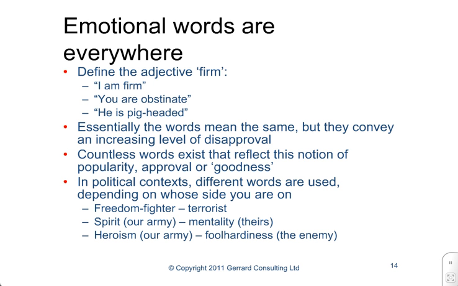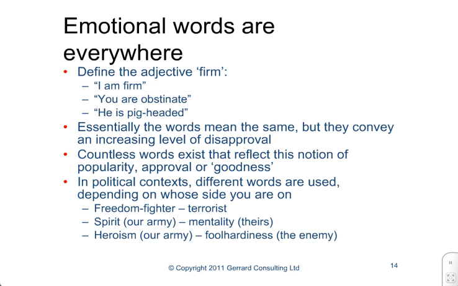Remember understanding the context of the person that's giving you the information and what their hidden agenda might be, what messages they're trying to get across. And it depends what side of the argument you're sitting on as to whether you perceive a word to be emotional or whether you perceive it to be factual. So in this example here, the adjective firm, you might say, I'm firm.